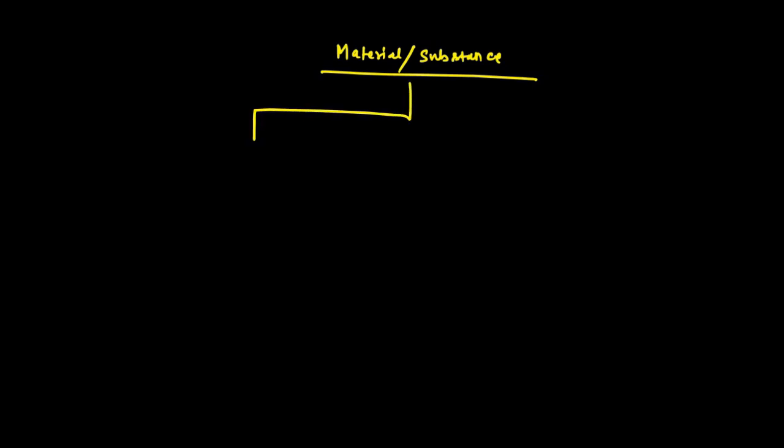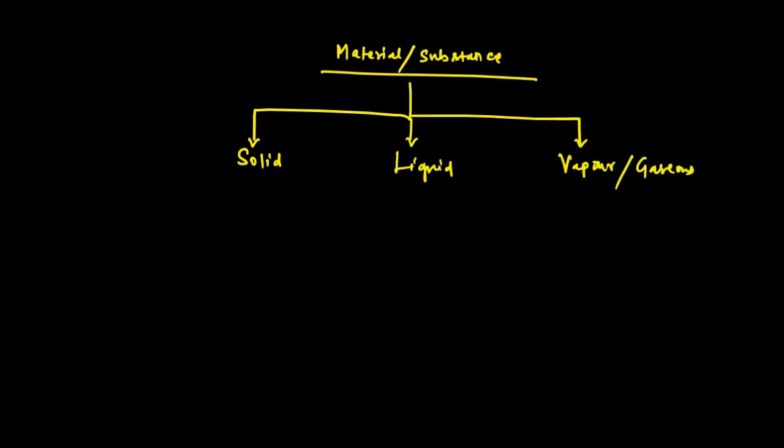Whatever the material is, the object is, the substance is, it can exist in three possible states: solid, liquid, and vapor or gas state, gaseous state also they call it. Okay, vapor or gaseous state. These three states are possible.